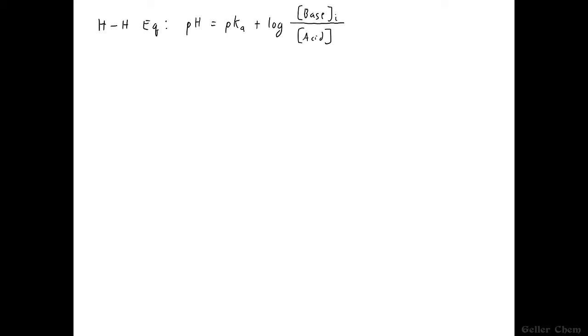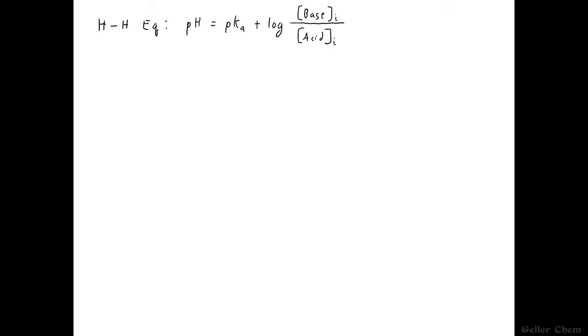And we use initial concentrations, which is a definite estimate. What this is assuming is that the initial concentrations of base and acid don't effectively change once the two mix together and reach an equilibrium.